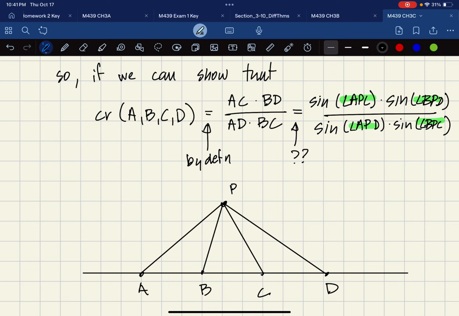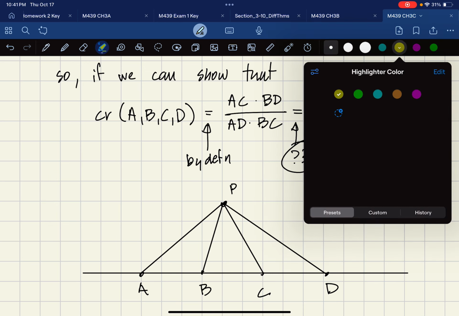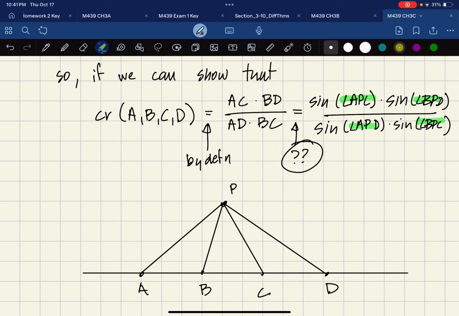The proof of this thing we're trying to get relies on calculating the areas of triangles using two different methods. So I would tell you to think about how you can calculate the area of APC. Let's do that one first. How could I calculate the area of this triangle? And do it two ways. One way would be to multiply base times height, and that would get you the length AC in the argument.